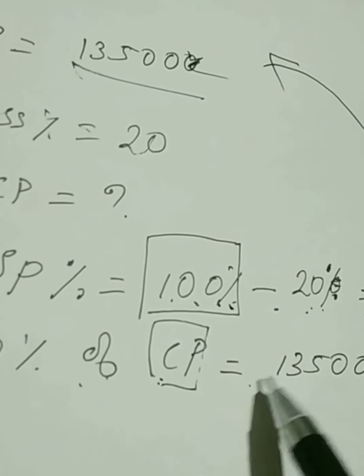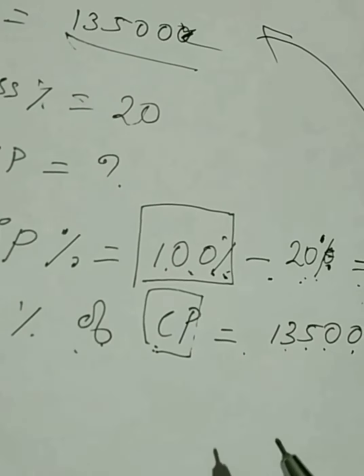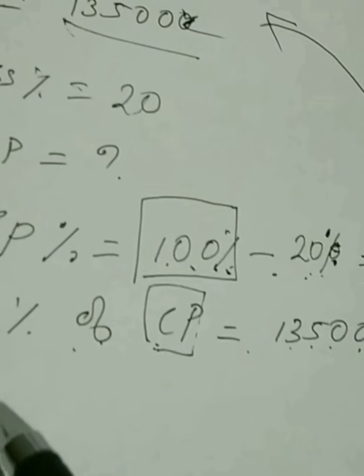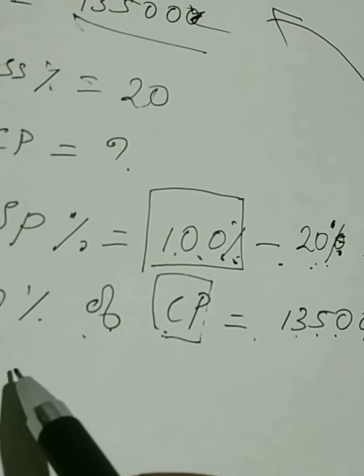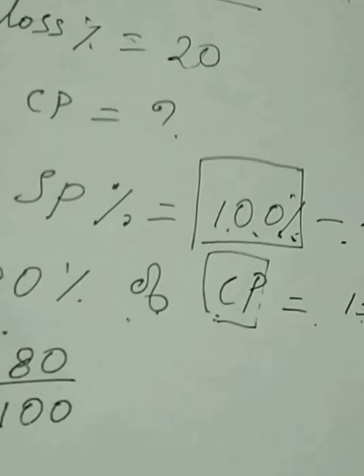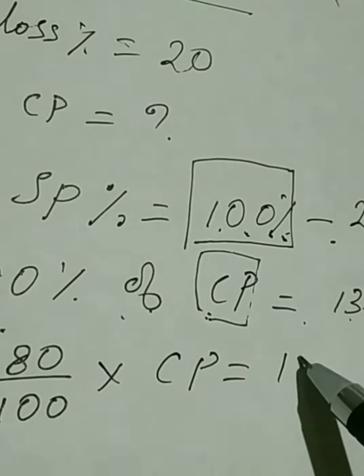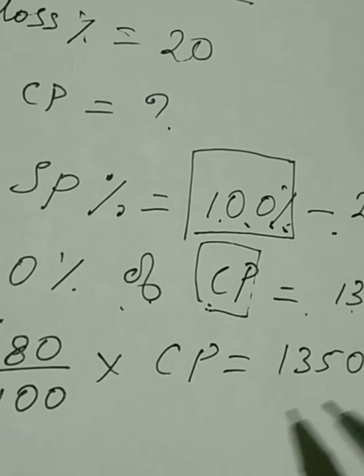80% of cost price is equal to 13,500. Here we have to find the cost price. We know 80% is equal to 80 on 100. Then 80 on 100 times CP is equal to 13,500.